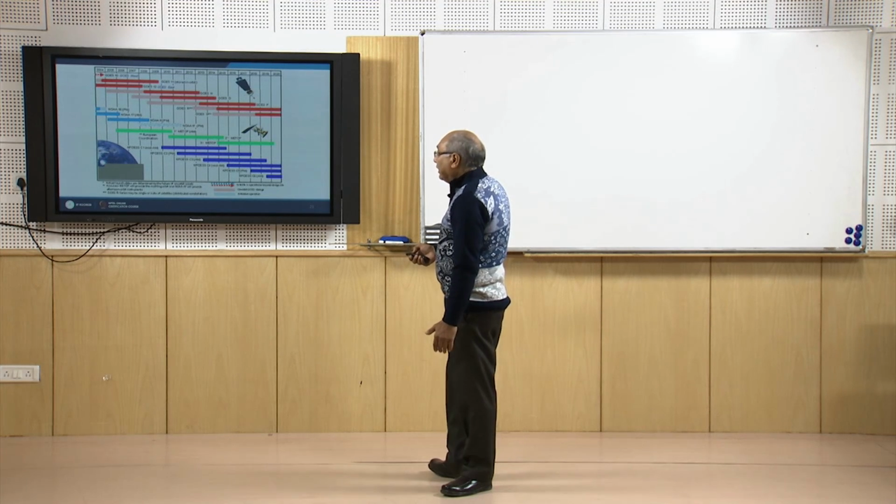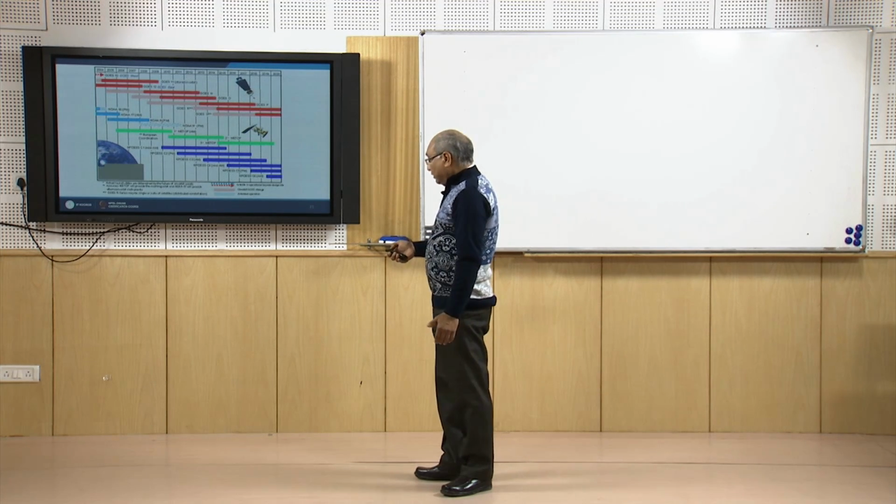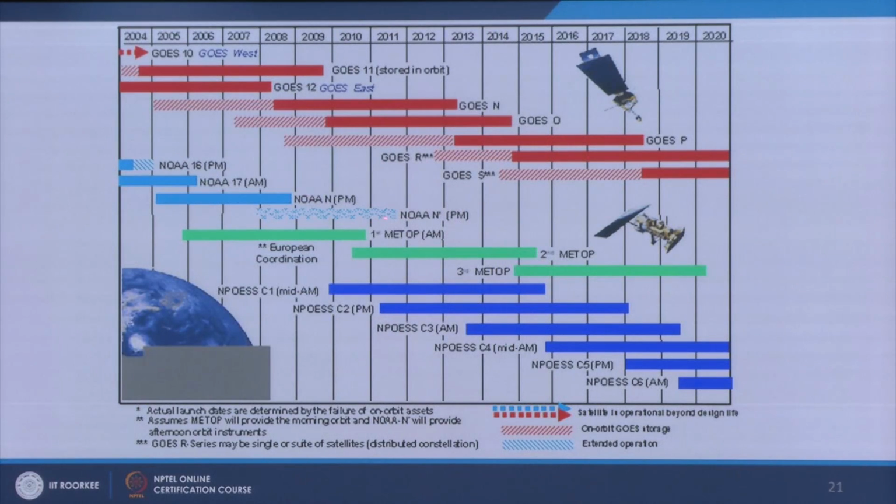Now, looking at the future of NOAA, after 18 and 19 they are going to shift. The first METOP satellite has been launched, and METOP-2 and METOP-3 have also been planned. So the NOAA series is going to be replaced by these METOP satellites.